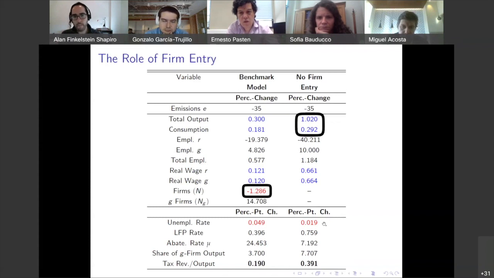Now let's forget about technology adoption and firm entry. You still have two sectors, dirty and clean, but you don't get to decide whether you can switch in response to policy.